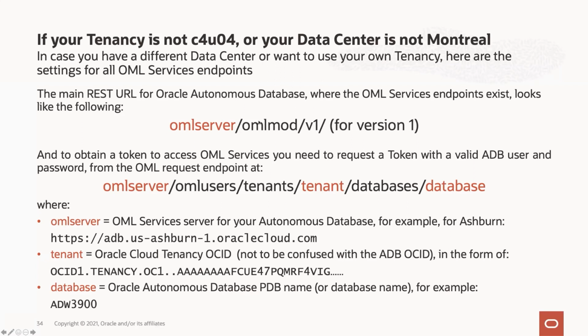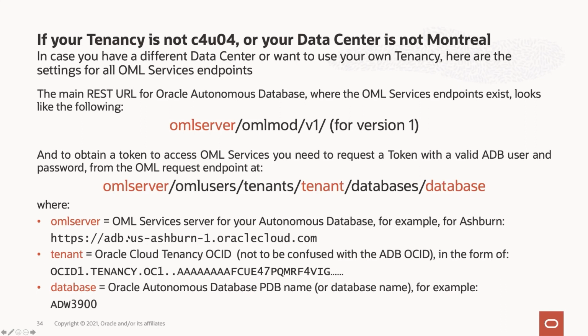This is where you get your token from, and this is where you access the REST APIs. It's the OML server, tenant, and database. The information in red basically means the OML services server where your autonomous database is. So for example, if you are in Ashburn, you would replace that string with this one. If you are in Europe, in Frankfurt, it will be EU-Frankfurt-1.